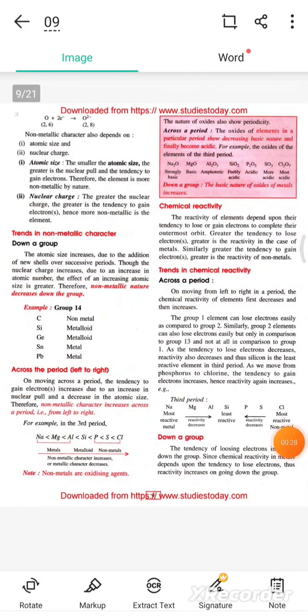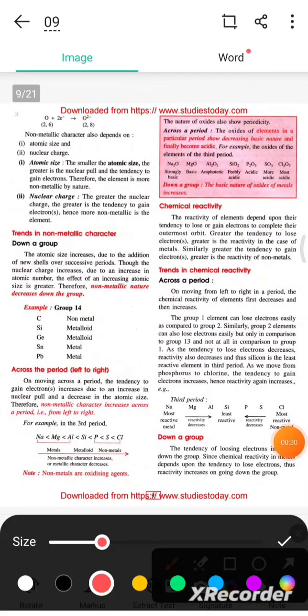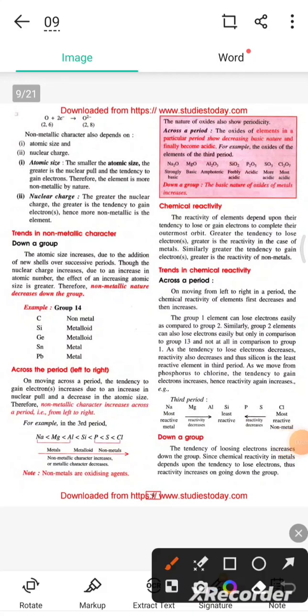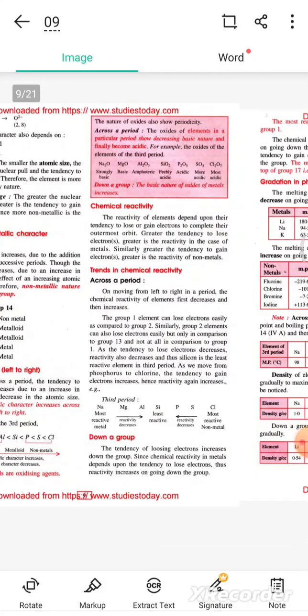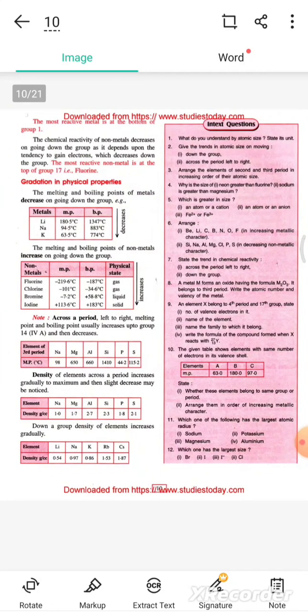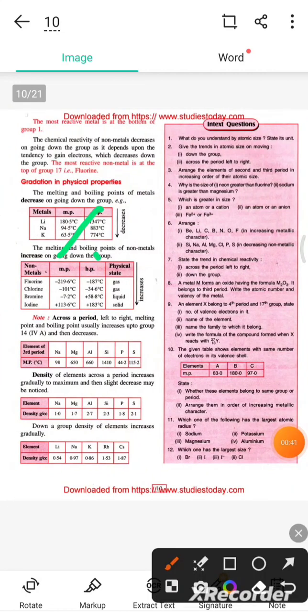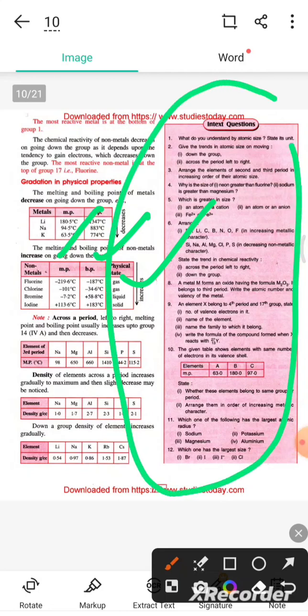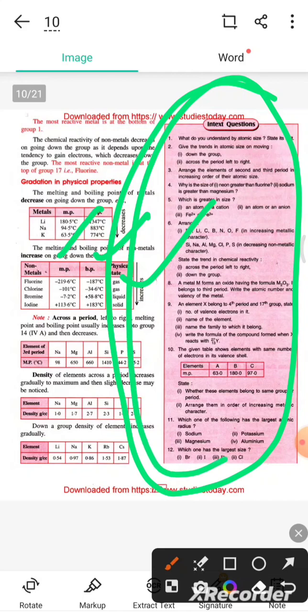We have also discussed chemical reactivity and its variations. There we discussed boiling point, melting point, and physical states, and there was a task to complete these questions. I hope everyone has tried. The answers we will discuss in your online Zoom meeting.